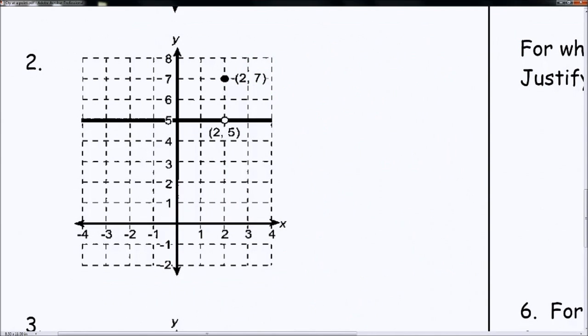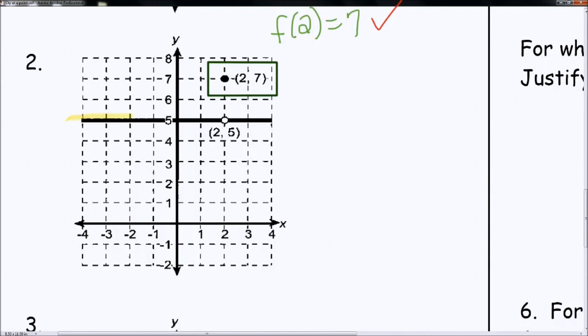Alright, let's move on to number 2. And again, let's go through each one of those. The first one is, do I have a point? And the answer is yes. I have a point at (2, 7), which is good. And so my f of c, in this case f of 2, is equal to 7. So my first condition is met. My next condition is, does the limit as x approaches 2 on the left equal the same as the right?